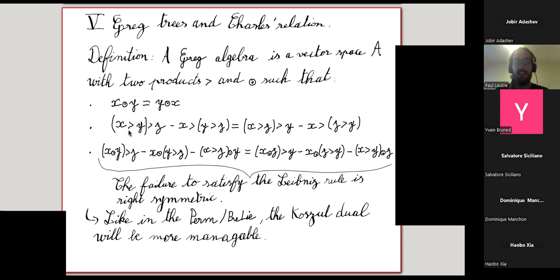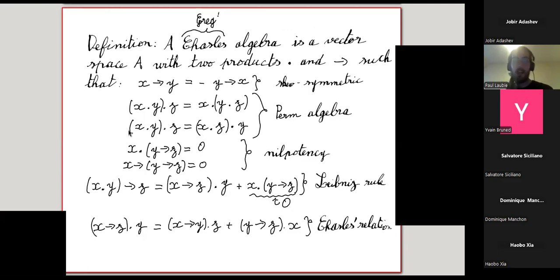So is there any comment or question about those Greg algebras? Okay, so if there are no questions, we try to describe the Koszul dual of those algebras. And here I will define a Schar algebra, which is in fact a Greg dual algebra.